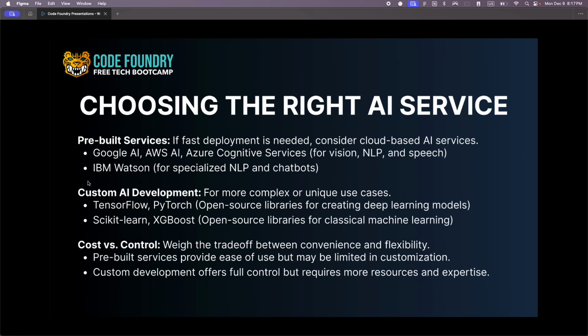And then another option is always customizing an AI with real tools. I don't recommend this for anybody who has just gotten into programming. This is something that takes years and years of studying to be able to fully understand. But TensorFlow, PyTorch, scikit-learn, XGBoost, all of these are open source libraries for creating models and using models, and really creating the weights that are going to be associated with your AI model that's been trained.